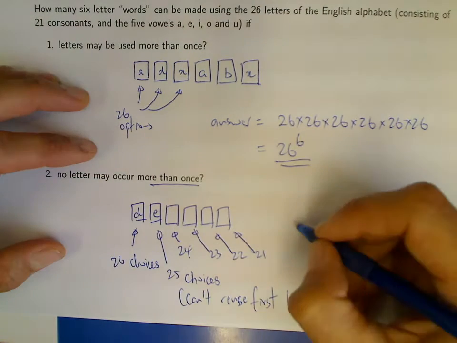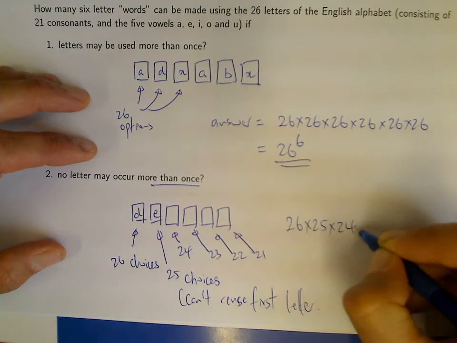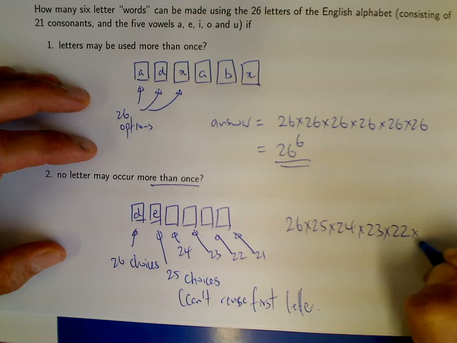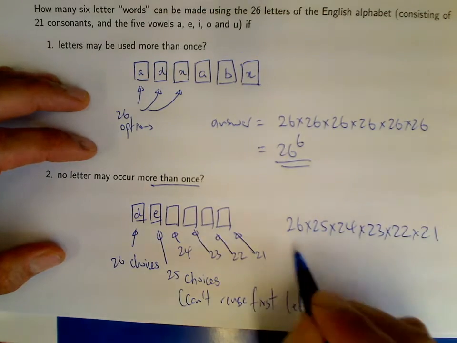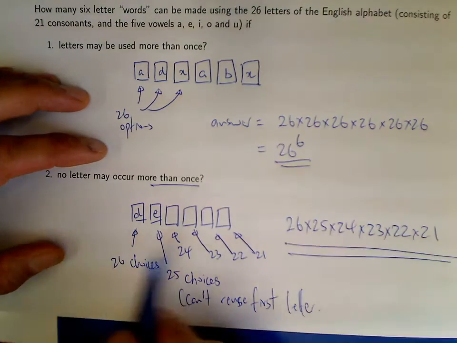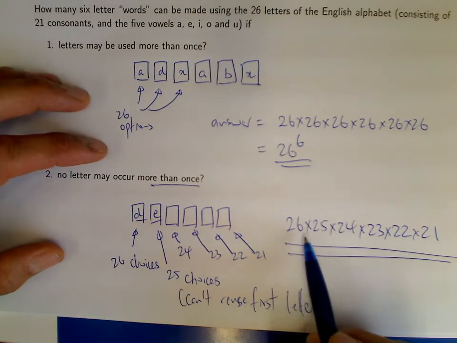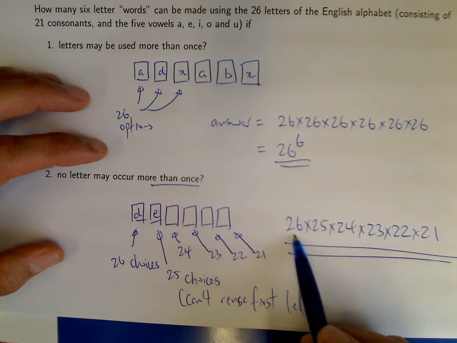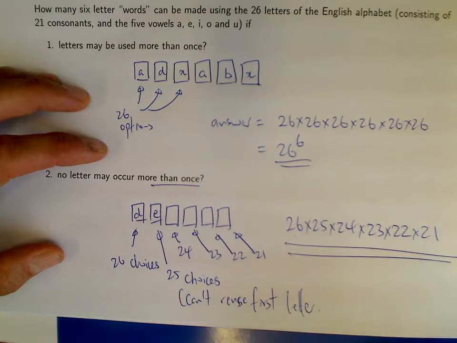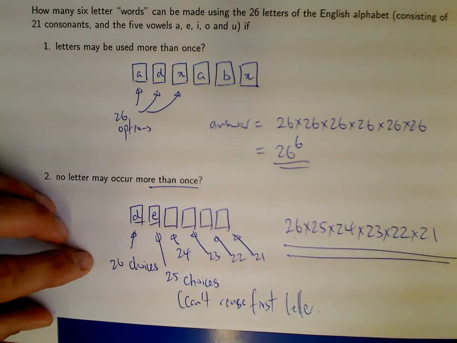So the answer here is going to be 26 times 25 times 24 times 23 times 22 times 21. So that's our answer for the second one. Again, we use that multiplication principle. We've got 26 options at the first step, then just 25 at the second, 24 at the third, and so on. So that's how we answer that second one.